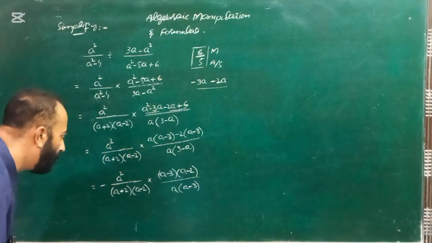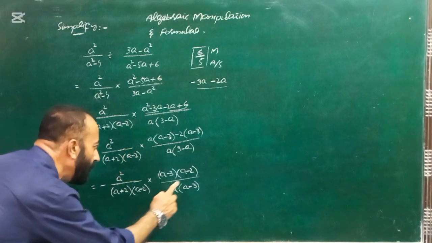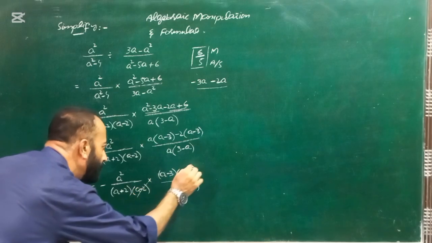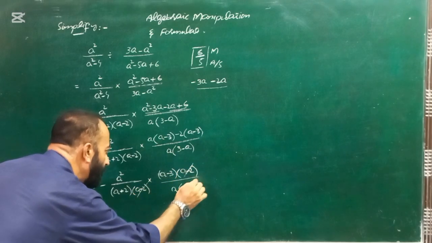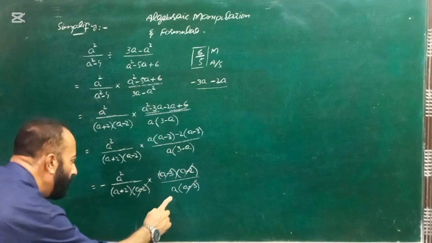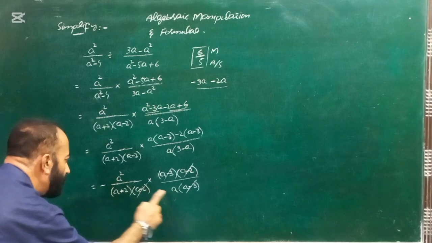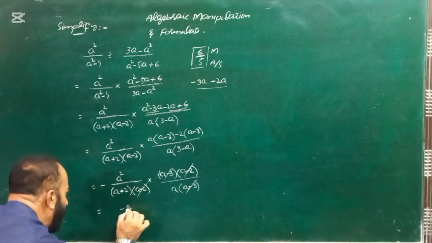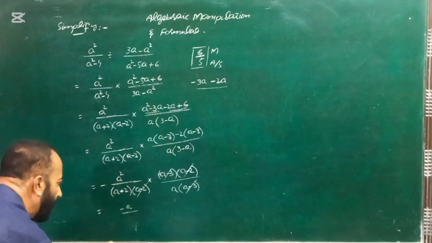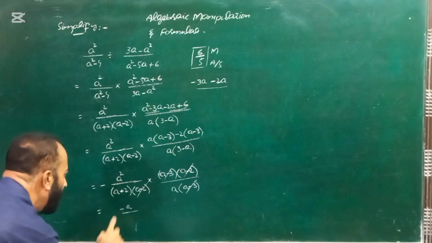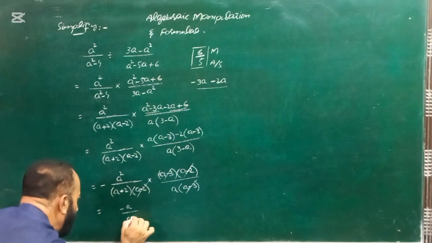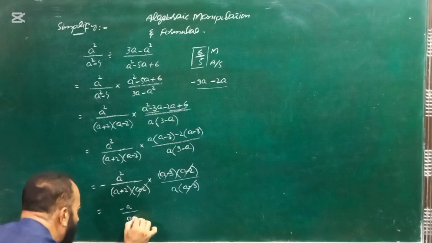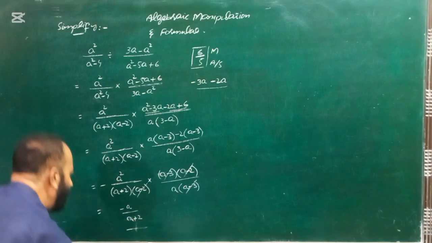So look now, what will happen, this a minus 2 will be cancelled by this one, this a minus 3 will be cancelled by this one, and 1a will be cancelled by this one, so 1a will be left in the numerator. So minus a is the thing that is left in the numerator now, and a plus 2 in the denominator. So this is the answer.